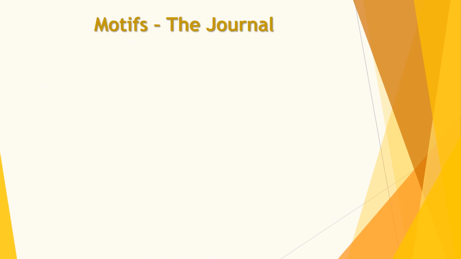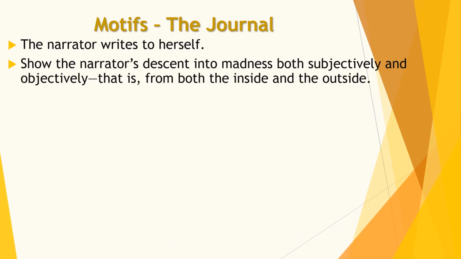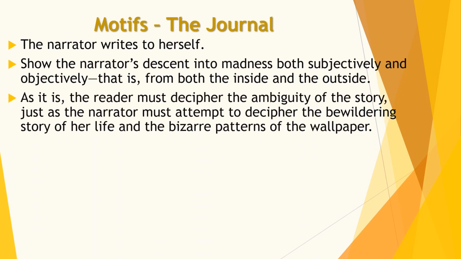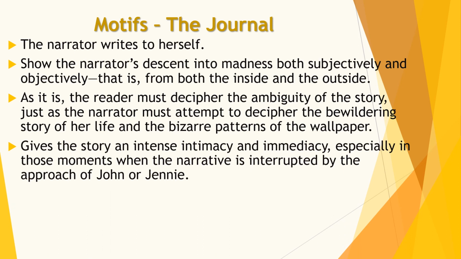Another motif we will discuss is the journal in the story. The narrator writes to herself. It shows the narrator's descent into madness, both subjectively and objectively, so from the outside as well as from the inside. As it is, the reader must decipher the ambiguity of the story. Ambiguity is when something has a double meaning, just as the narrator must attempt to decipher the bewildering story of her life and the bizarre patterns of the wallpaper.